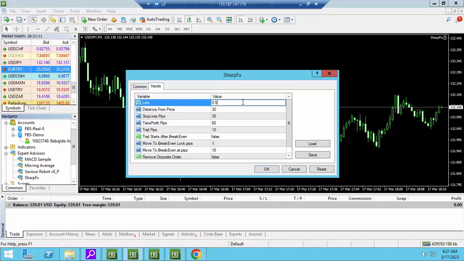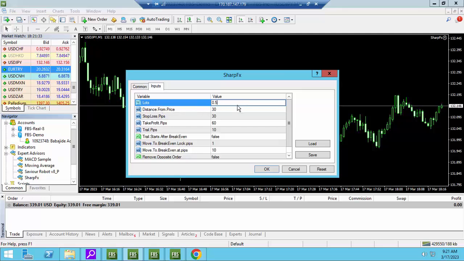So it will come up with what we call pending orders, buy limit and sell limit, buy stop and sell stop. Immediately the news comes up, it will just start trailing it directly.